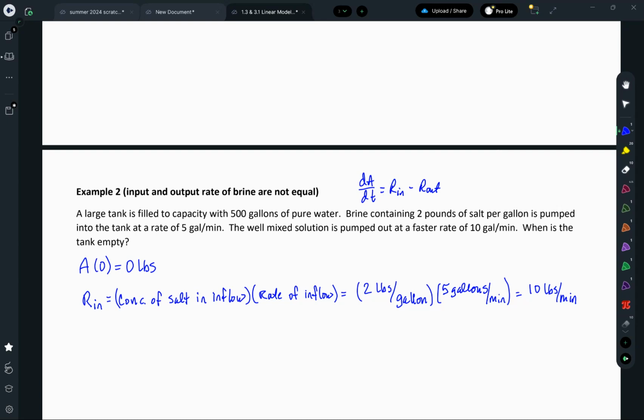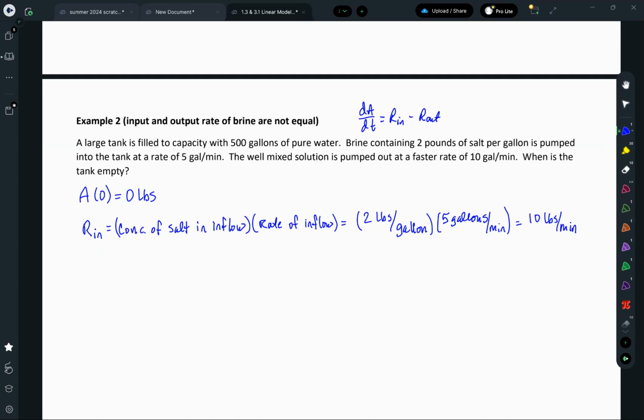Okay, now a little explanation here. Liquid, and in our case it's going to be brine, but we'll just call it liquid. Liquid will just go away at a rate of 5 gallons per minute minus 10 gallons per minute, which is a negative 5 gallons per minute.